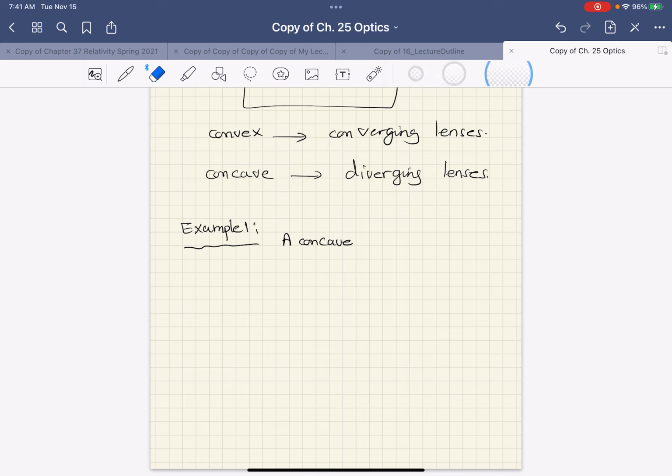Remember always the approximation that we are assuming that it is thin.